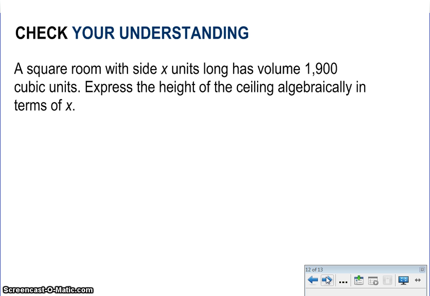Okay, it says a square room with sides X. So my suggestion here is that you draw it out. It says it's a square room, so all the sides are X. And it says it has a volume of 1,900 cubic feet.